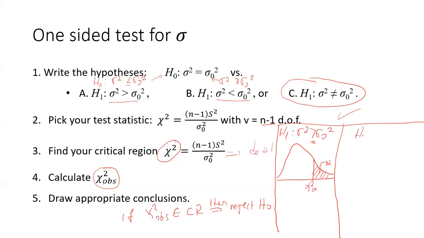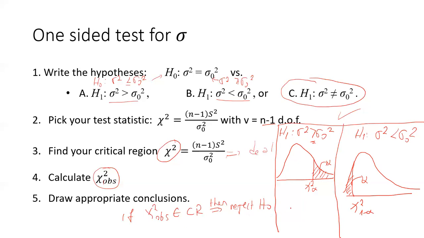But if your H1 is of this type, sigma square is smaller than sigma 0 square, then you have alpha here, and this is chi-square 1 minus alpha. So this is your critical region.